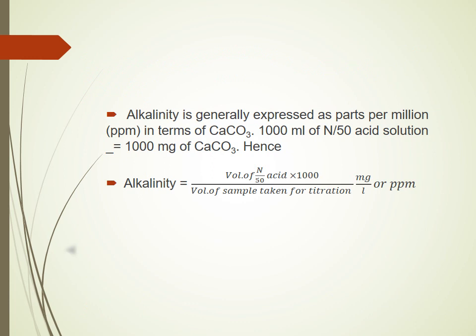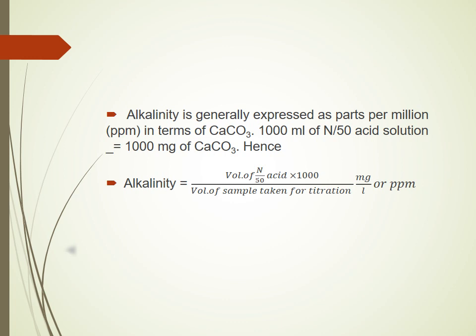Now first of all, see this formula. You know that we discussed in the case of hardness the concentration in terms of CaCO3 equivalent. In the same way, alkalinity is also generally expressed as parts per million, that is ppm, in terms of CaCO3 equivalent.